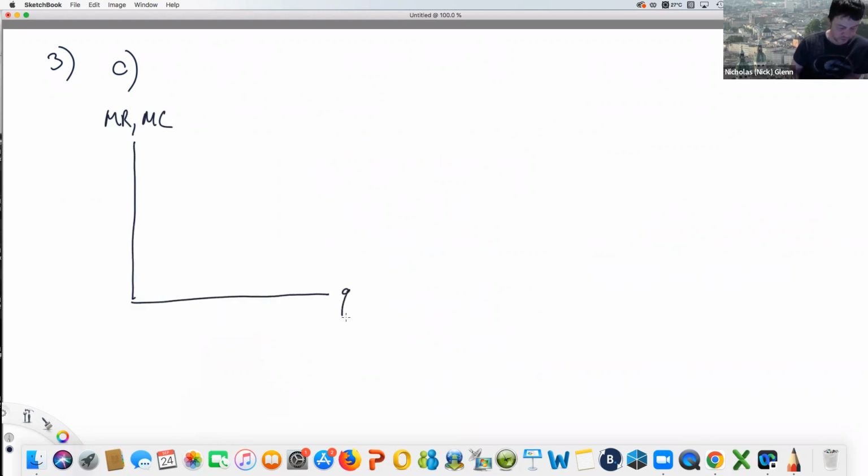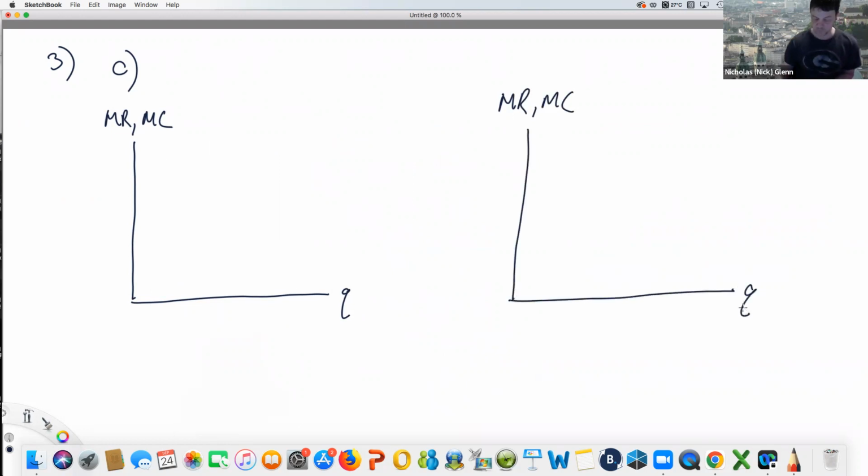The x-axis is the supply of money. We'll do this for both of these. Country A has an increasing marginal cost.